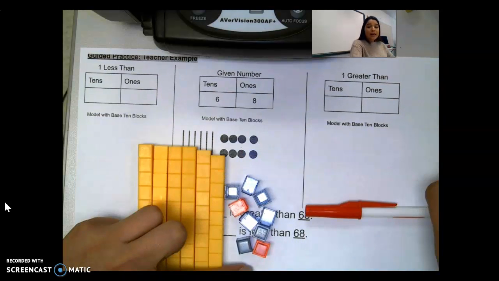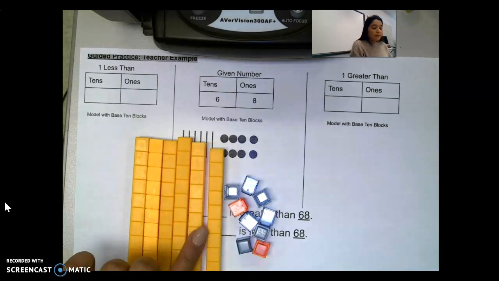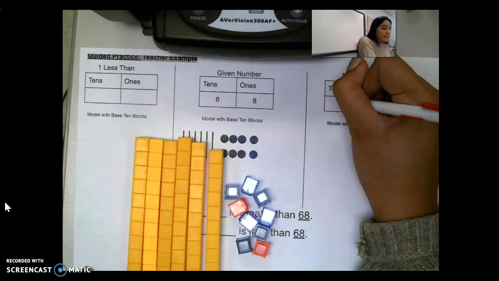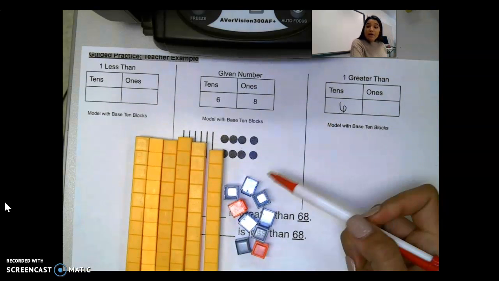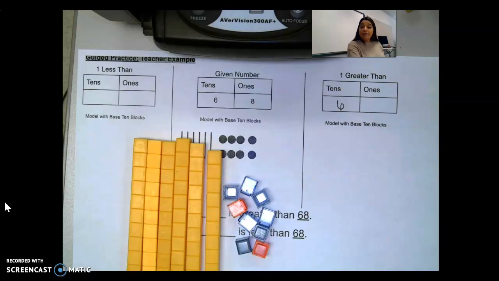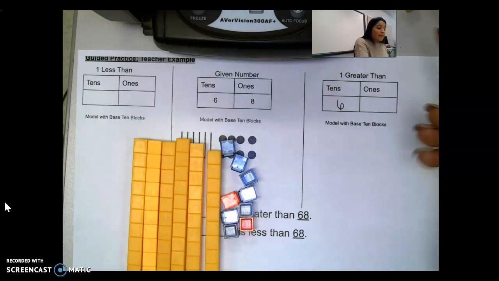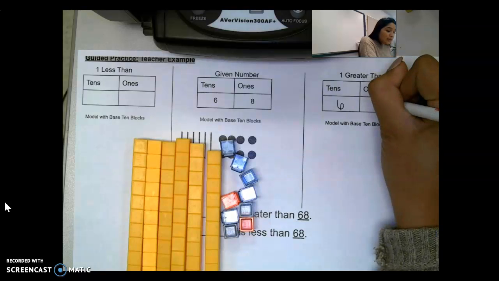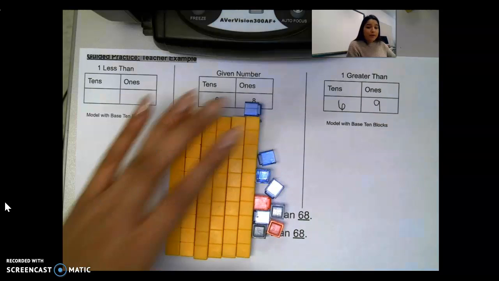And now let's count how many 10s we have. 1, 2, 3, 4, 5, 6. We still have 6 10s. So I'm going to put 6 in the 10s column. Now how many 1s did we have after adding 1? 1, 2, 3, 4, 5, 6, 7, 8, 9. So we have 9 1s. Now we're going to draw our model.